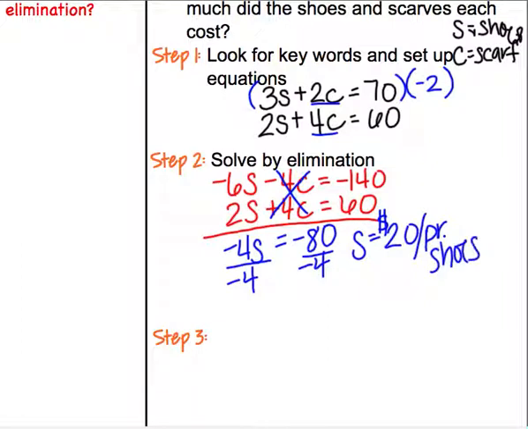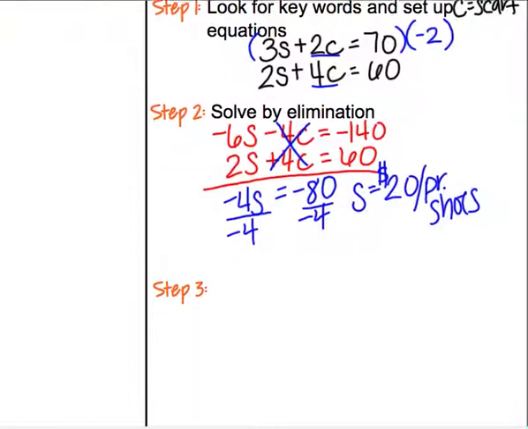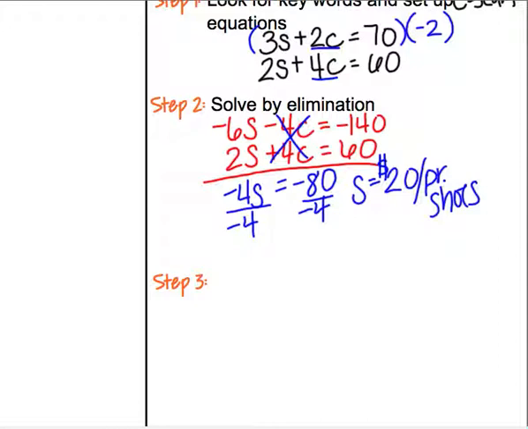And then I can go ahead and put that back into my other equation. I'm going to go with 2s. So 2 times my 20 per pair of shoes plus 4 times each scarf equals 60.